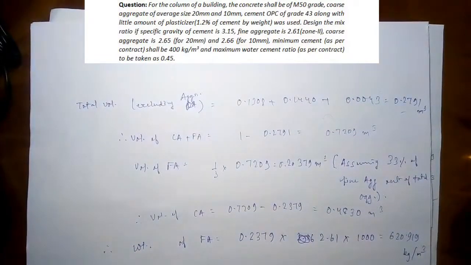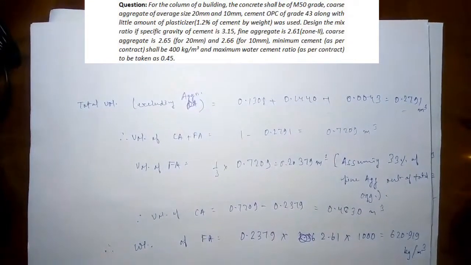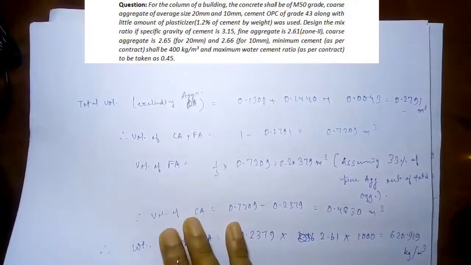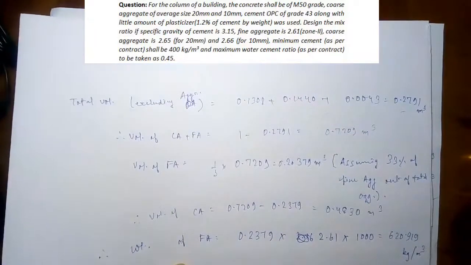So let us take it as approximately 621 kg per meter cube. So this is our approximate weight of fine aggregate per meter cube.